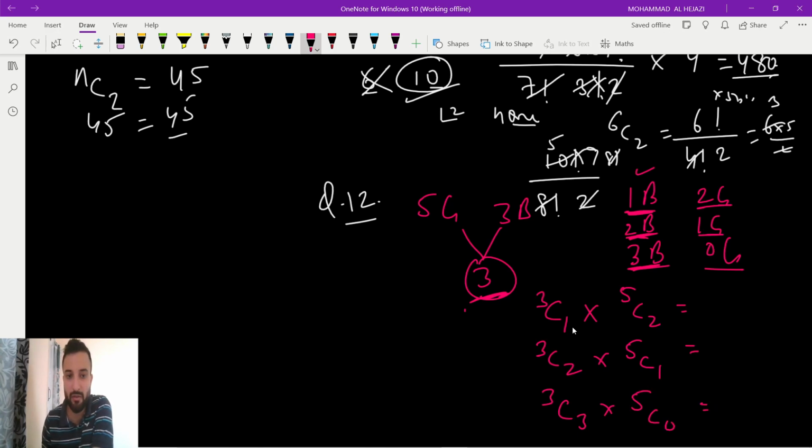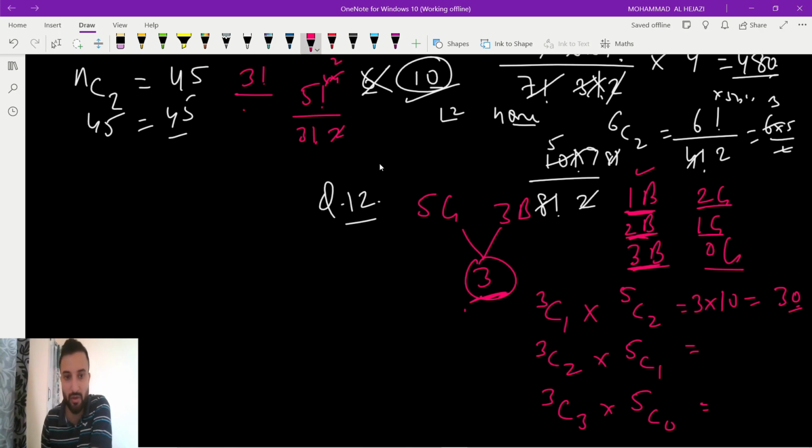So 3C1 means 3 factorial divided by (3 minus 1) factorial, which is 2 factorial, so it is 3. So this is 3 into 5C2. 5C2 means 5 factorial by (5 minus 2) factorial, which is 3 factorial, and 2 factorial is 2, so 5 into 4, cancelled to 5 twos are 10. So it comes to 30 here.